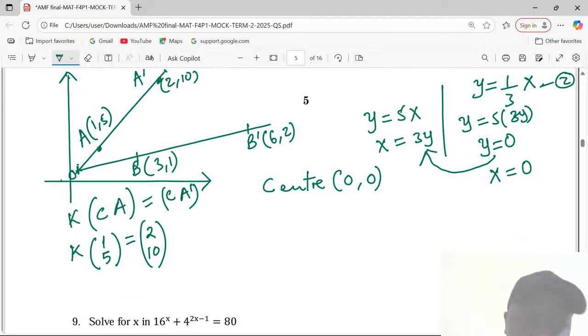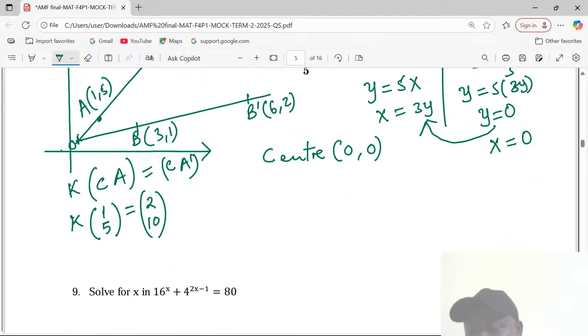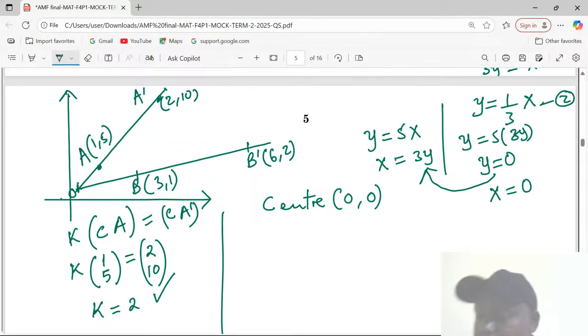When you consider the x component, k is equal to 2. And when you consider the y component, 5k equals 10. That confirms that k equals 2. We can even consider the other line, BB prime.